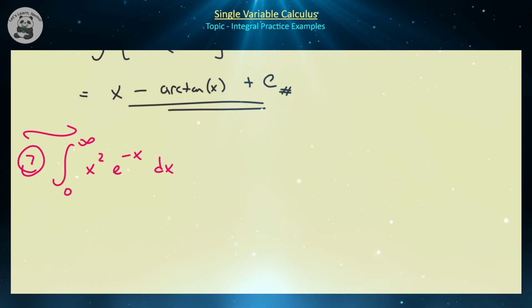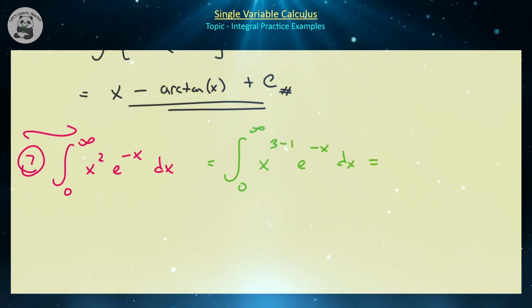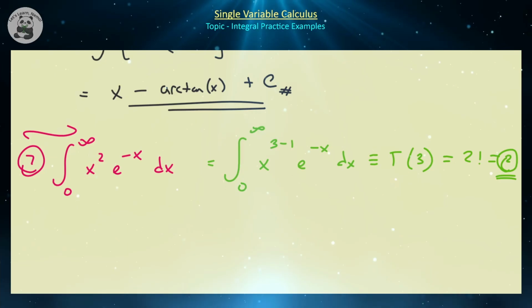Also, if you recognize this is the gamma function, because this is also the integral from 0 to infinity of x to the 3 minus 1 e to the minus x dx, which is precisely gamma of 3, because gamma 3 is just 2 factorial, which is equal to 2, and then we'd be done.